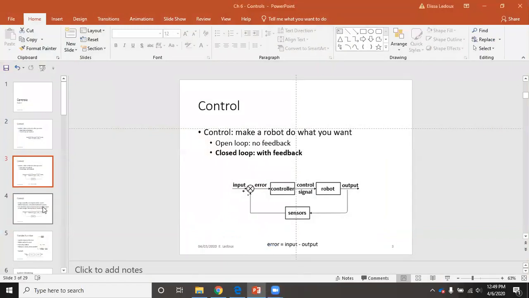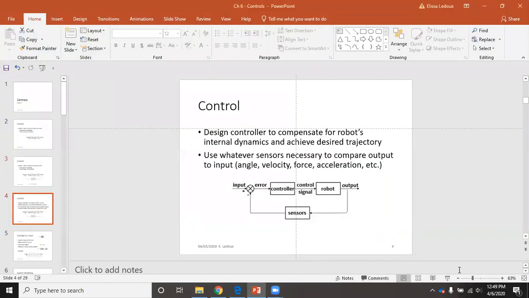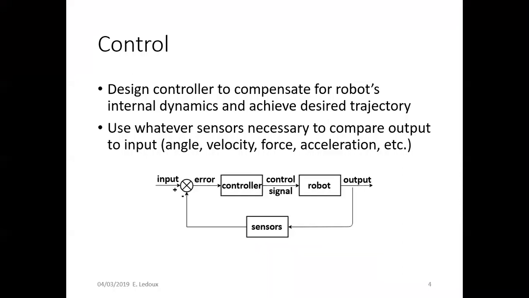Okay, so moving back here, we design a controller to compensate for the robot's internal dynamics and achieve the desired trajectory. So the controller here has to make up for the actual robot. Maybe it's heavy or it has friction or whatever. It doesn't do exactly what you want it to do just based on the input.